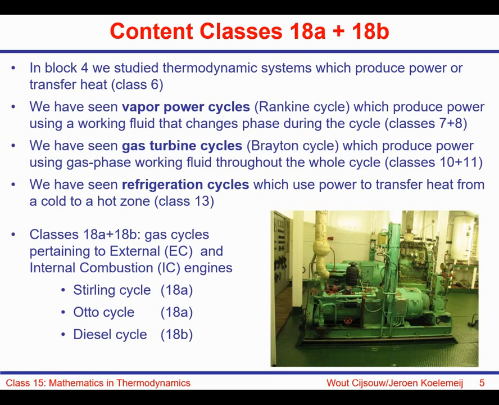Examples of such engines are the Stirling cycle, that actually uses external combustion, and the Otto and diesel cycles that use internal combustion. And all these engines, they are piston cylinder devices, which are also called reciprocating engines.